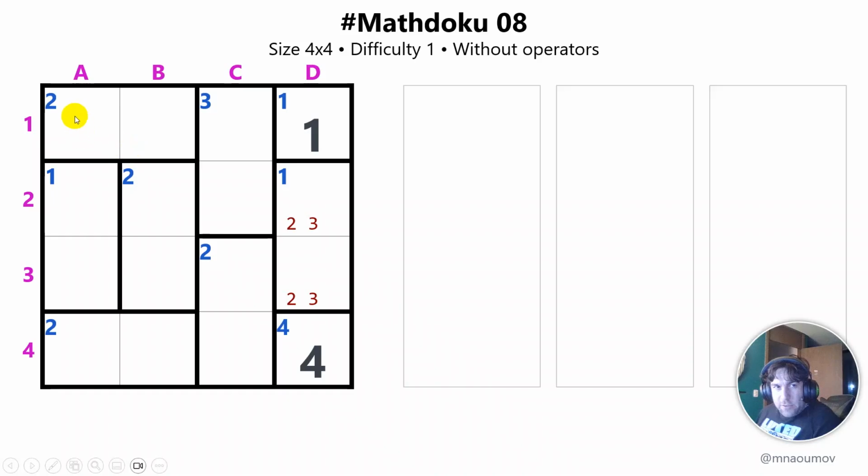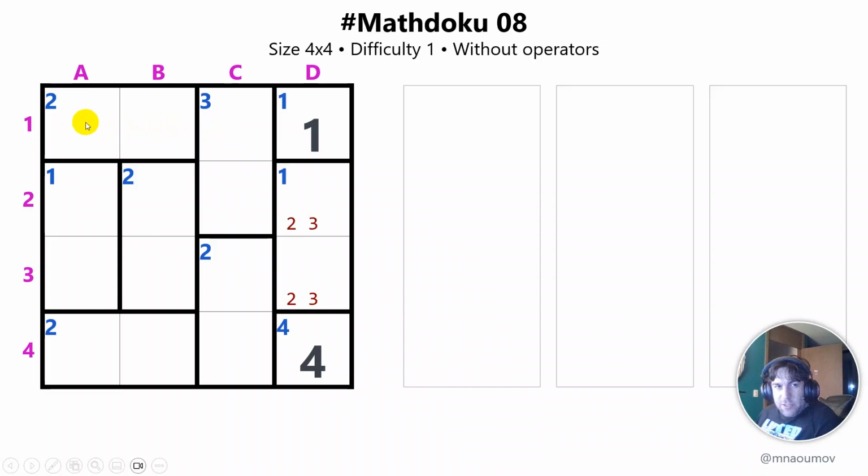Now let's look at cage A1. Here are two numbers that have unknown operation and value 2. It can't be 1, so it's numbers 2, 3 and 4. We can check the operations.